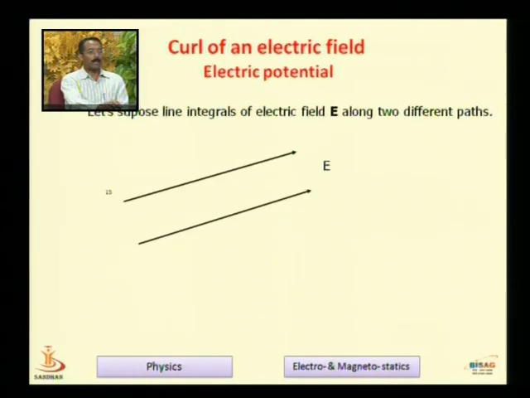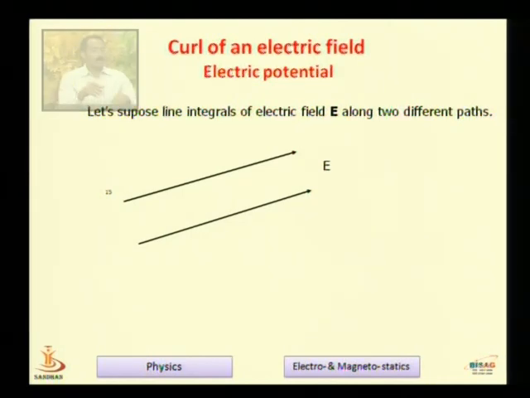Now let us consider curl of an electric field. So let us consider a region where the electric field is uniform. So we have two different paths.